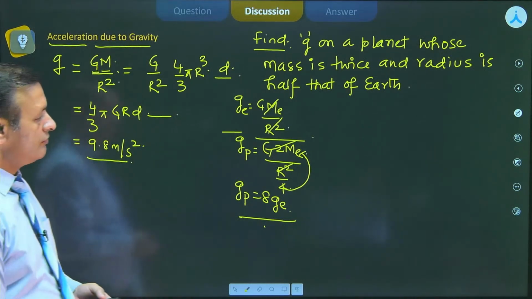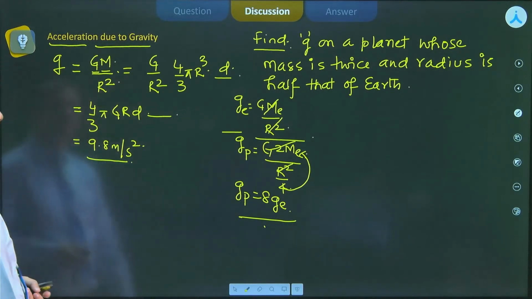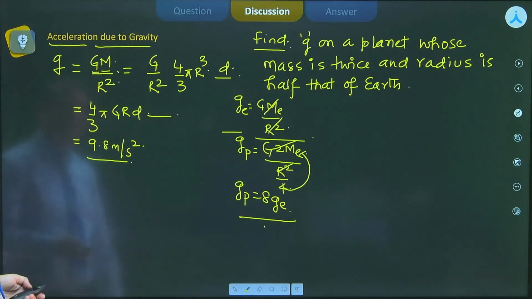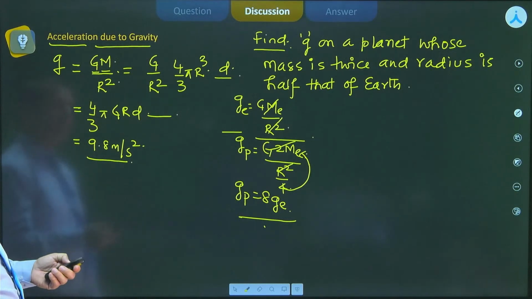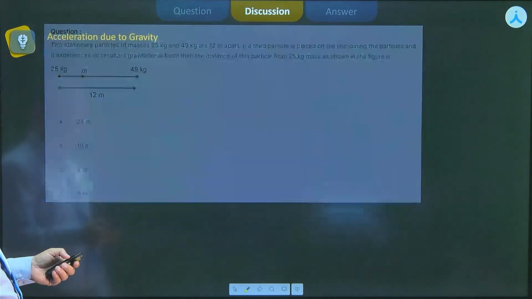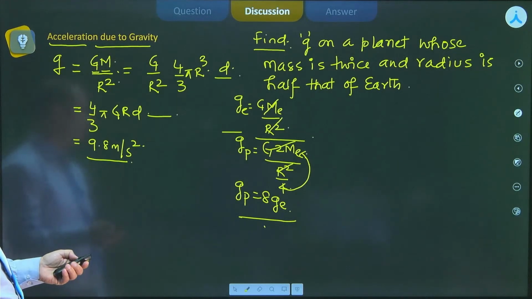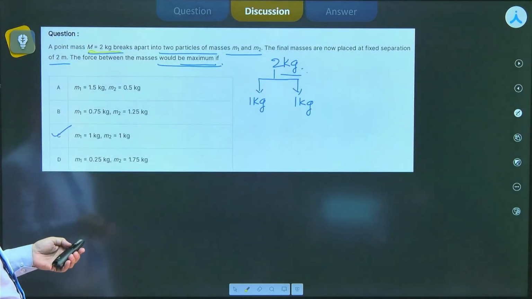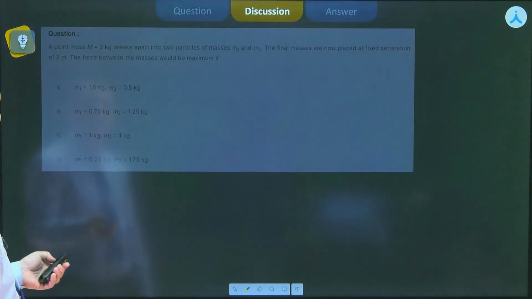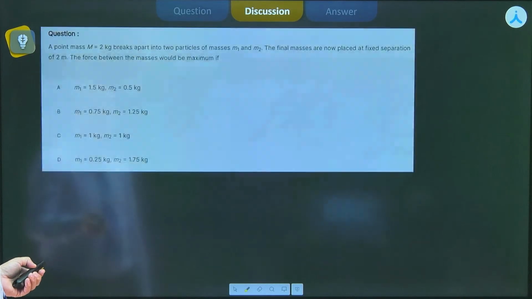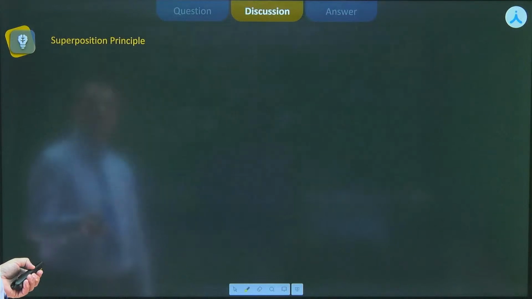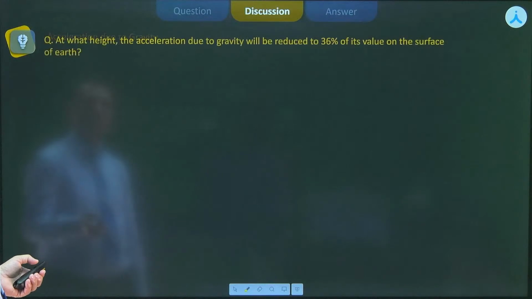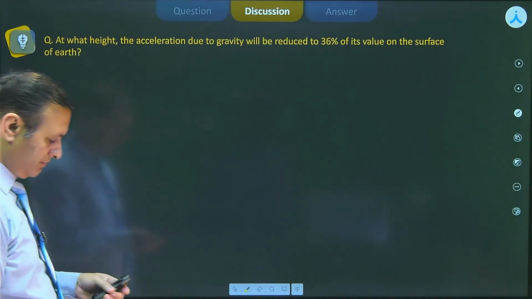Now, if you look at this formula, then this g seems to be varying. Okay.